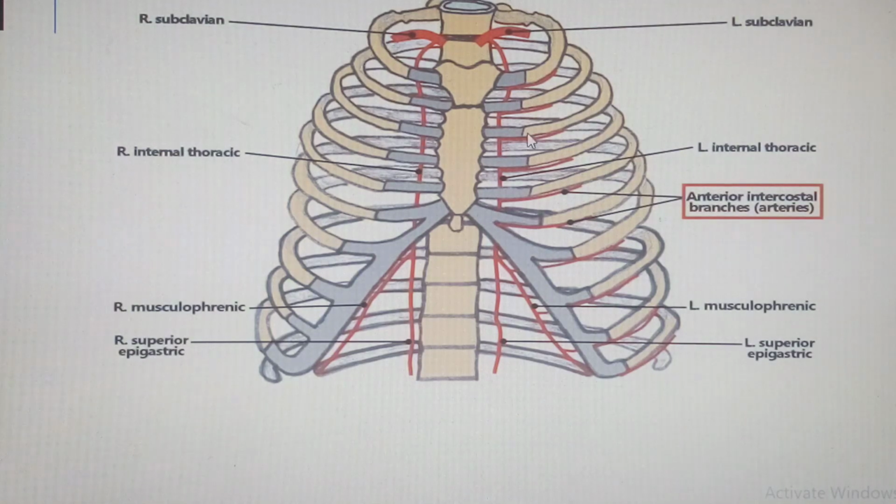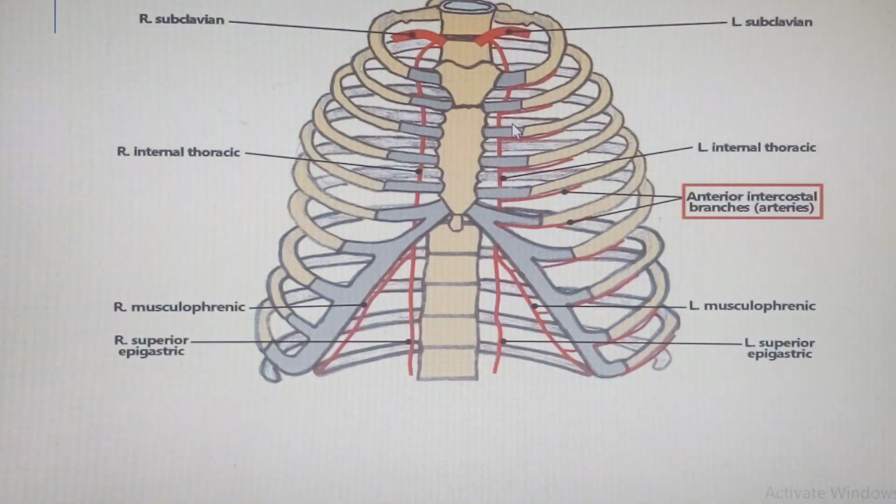Now of these 9 anterior intercostal arteries, the upper 6, so this was the first intercostal space, one of them will come here, second, third, fourth, fifth, and then sixth. These intercostal arteries will be running along the lower border.